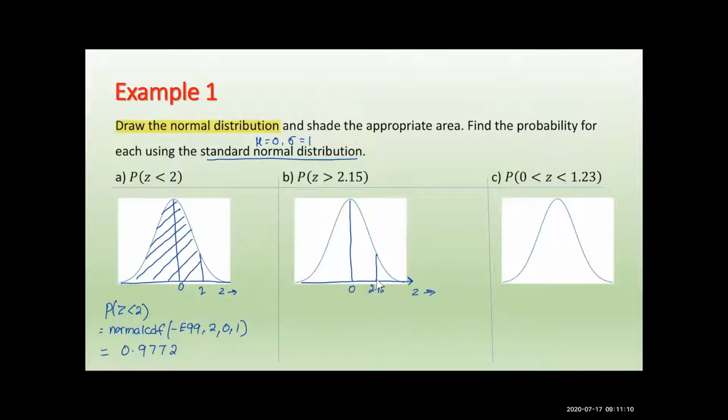More than that is to the right, so you select the area on the right like that. Then we want probability that z is more than 2.15. This is equal to, we use our calculator again, normal CDF. Your lower limit is 2.15. We go up to infinity, so E99.